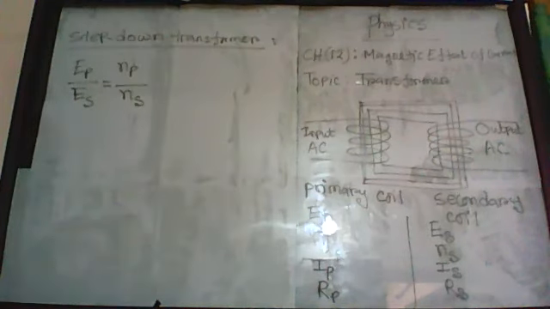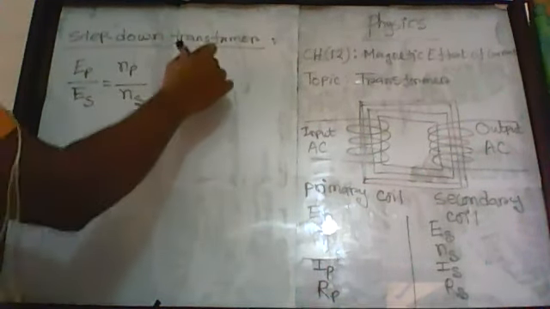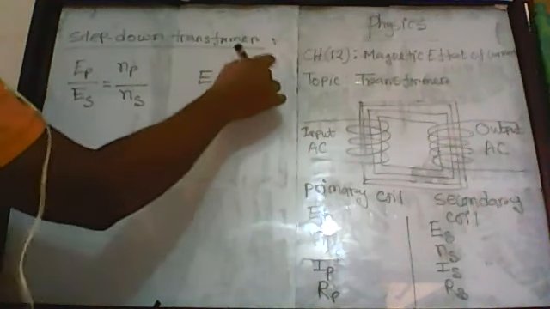Now, boys and girls, in the case of a step-down transformer, I can say that EP divided by ES will equal NP divided by NS. In this particular section, the primary voltage must be greater than the secondary voltage.